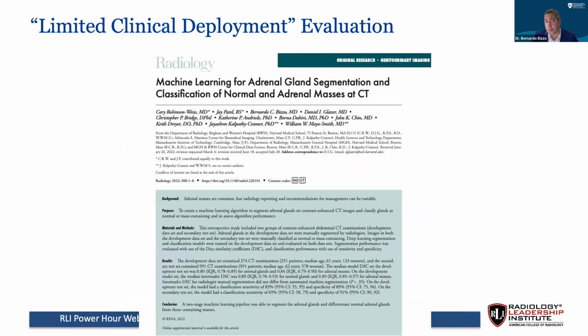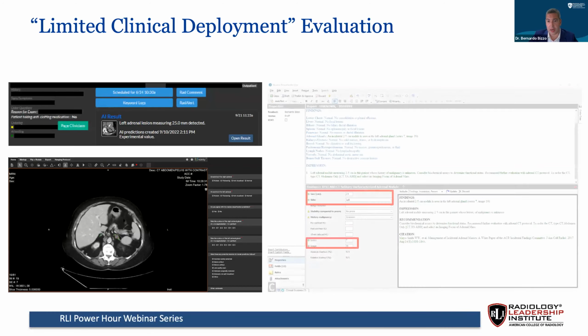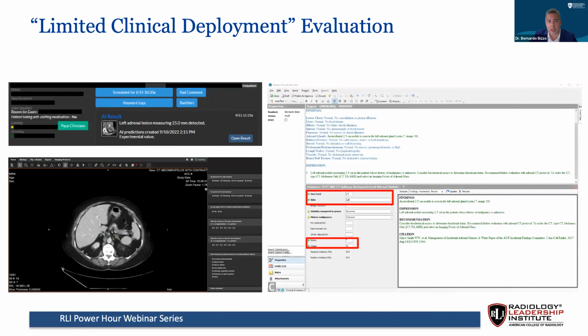And we also continue performing this AI evaluation in workflow. For example, we took this adrenal nodule tool that we developed inside MGB as a research project a few months ago, and implemented it for a limited deployment evaluation, where radiologists under an IRB can see AI predictions, include the adrenal segmentations, adrenal nodule measurements, and provide feedback, and have the report pre-populated based on the AI output.